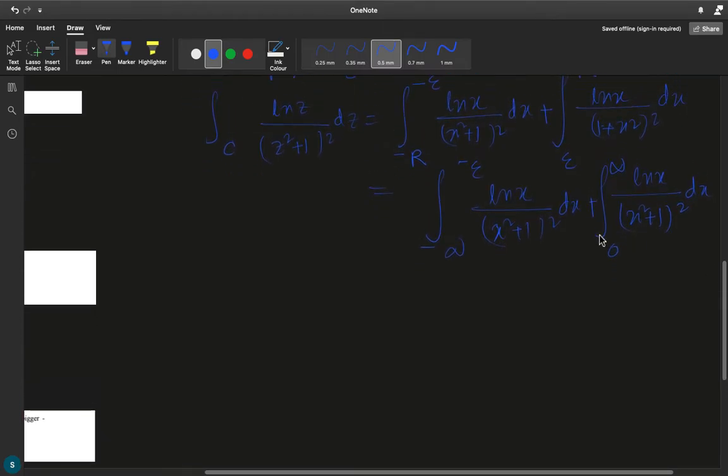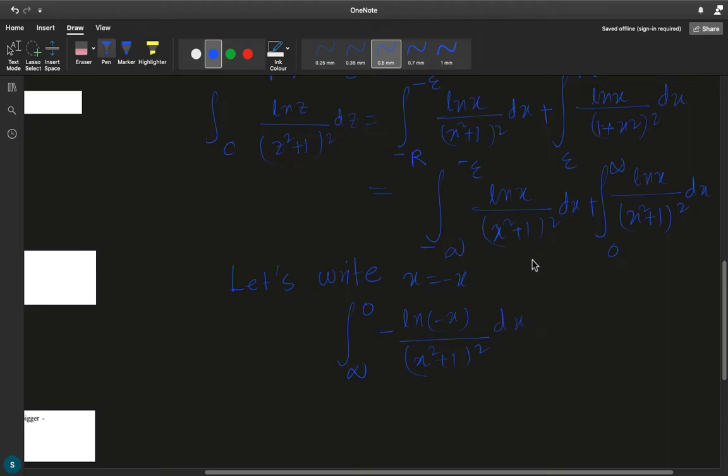Now here comes the point. For the first integral, if I write x equal to minus x, then the limits will change. The limit will become infinity to 0, with ln of minus x over (x square plus 1) whole square, and dx will carry a minus.